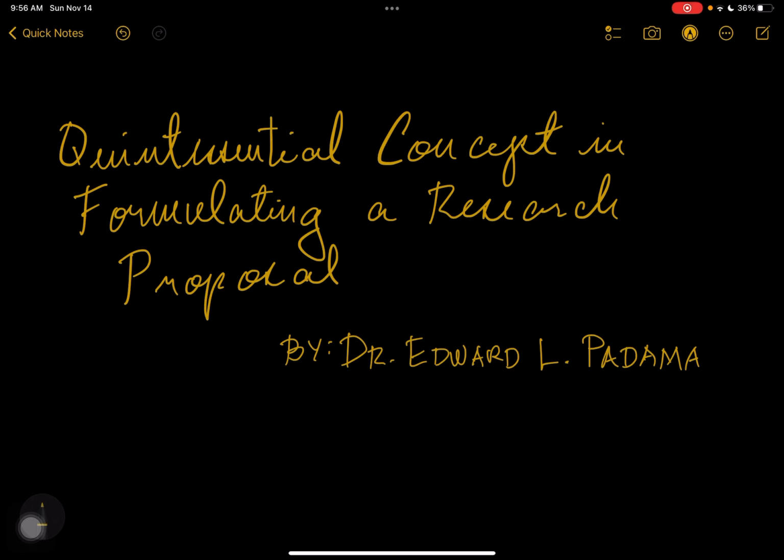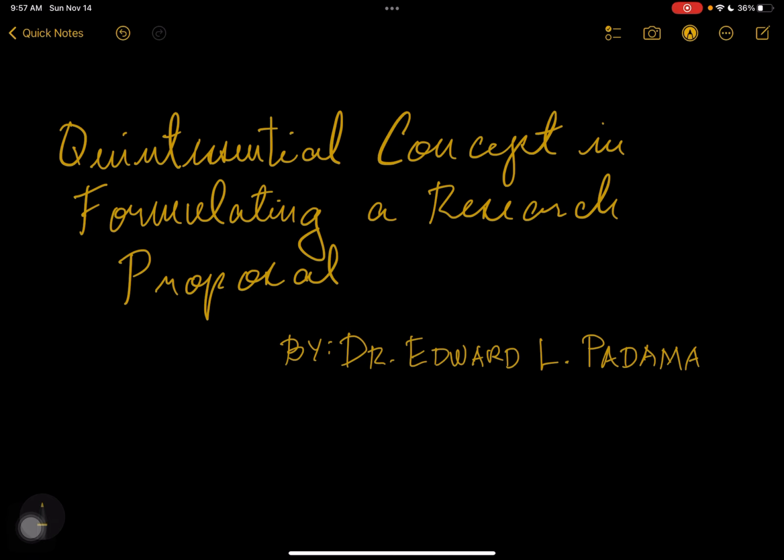Again, this concept presents 5 essential elements. That is the reason for the title Quintessential. These are elements that are essential for you to formulate a framework in writing a research proposal. So it's as simple and direct as that.